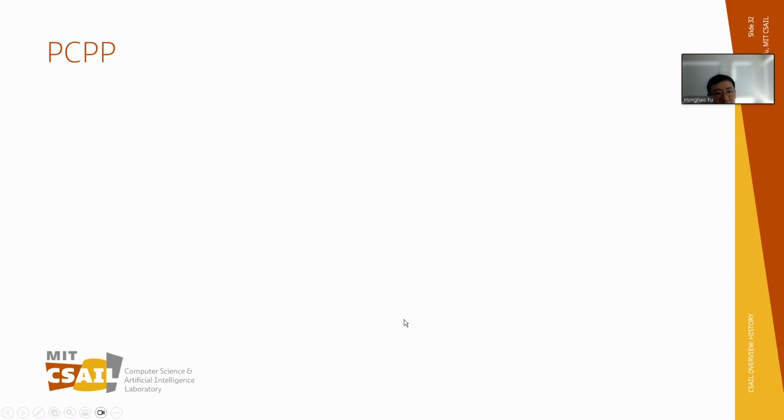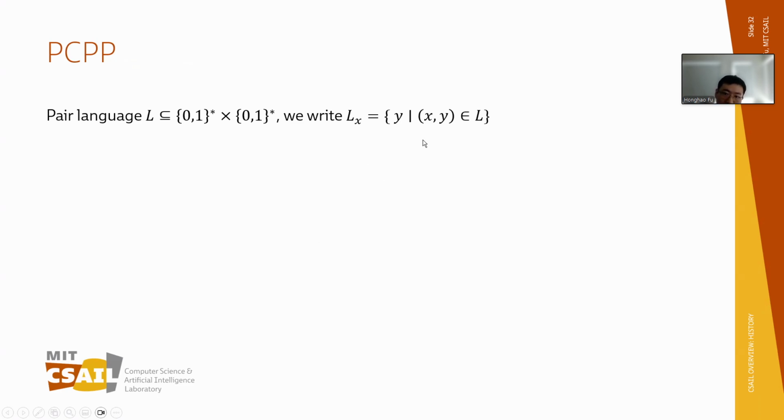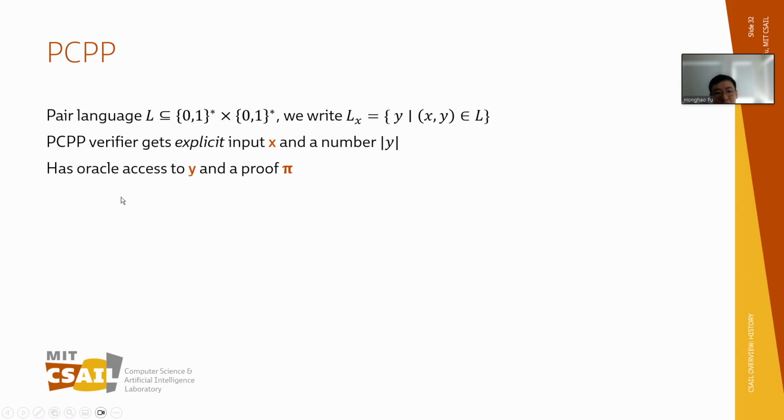Next, let me introduce the PCPP. It's for a pair language on 2 strings, and we define L_X to be all the Y such that the pair XY is in L. In a PCPP, the verifier gets the explicit input X and the length of Y. Then he's going to query Y and the proof pi. So the input X is the explicit input, and Y is the implicit input, which he can only query.